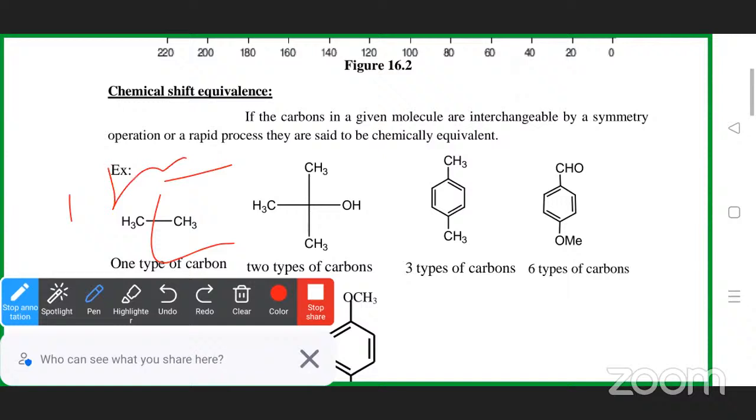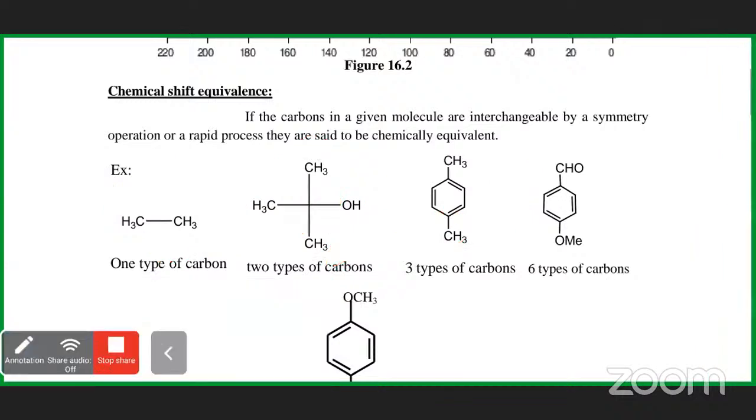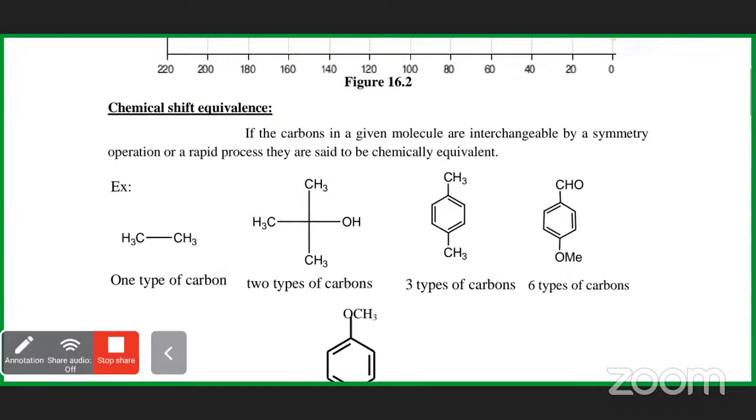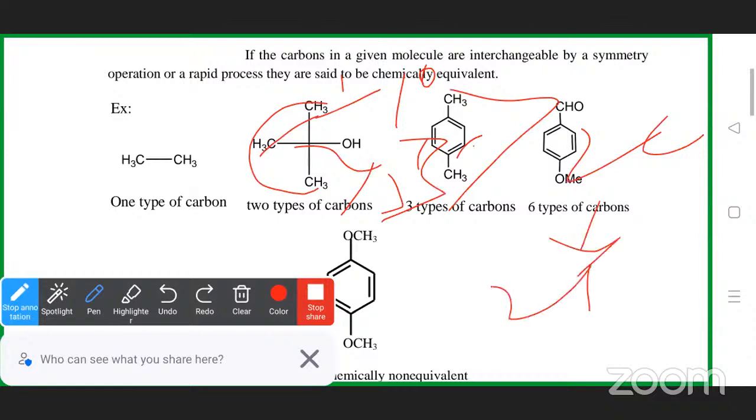Here is the tertiary alcohol: this is A, this is A, this is A, and this is B. All three methyl groups fall in the same chemical environment, so we get one signal for these three primary carbons and one for the tertiary carbon. So we get two signals for this one.